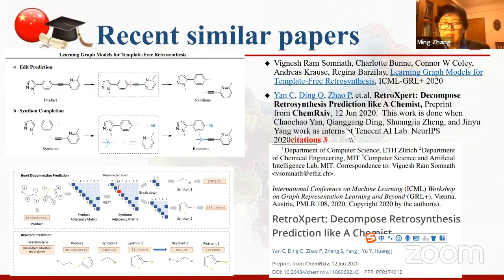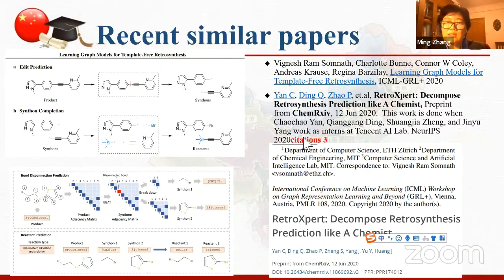One is done by MIT, and the other one is done by the Tencent group in China.